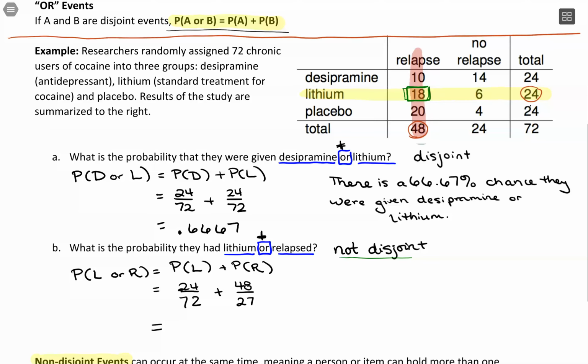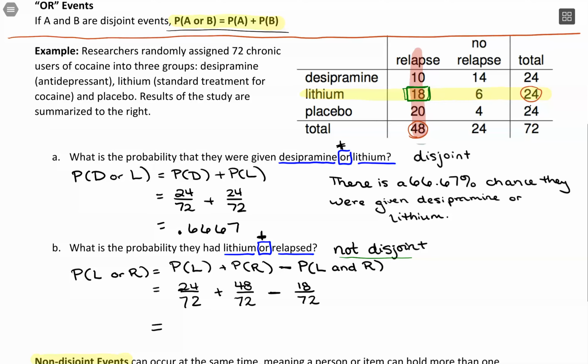So what I'm going to do to my formula down here is where I'm adding the two probabilities, I need to subtract the intersection of the two by taking the probability that they were taking lithium and relapsed. So both of those characteristics. Because then what that will look like is the intersection of the two, so the 18 out of, and I realize I wrote 27 there, but it should be 72, sorry about that, out of 72.